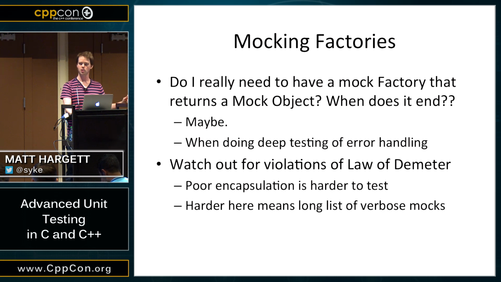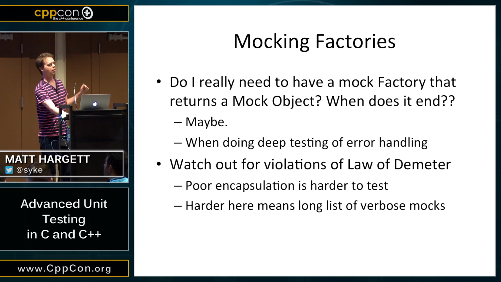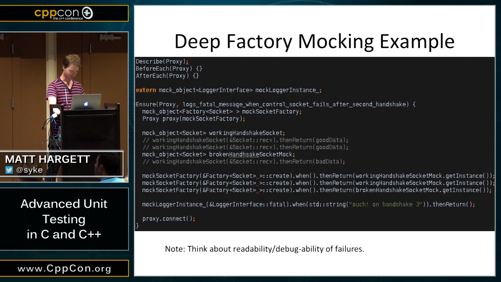If you're testing and it seems hard or verbose, it's probably some design issue. Not always, probably. And harder here means a long list of verbose mocks. So I don't think that this is a bad example. I think that this is a practical, real-world example. But I think if you went one level beyond this, I would rethink really hard about what you were doing.